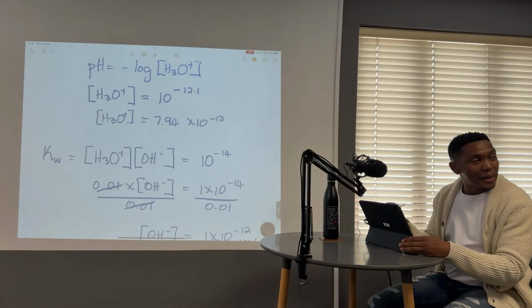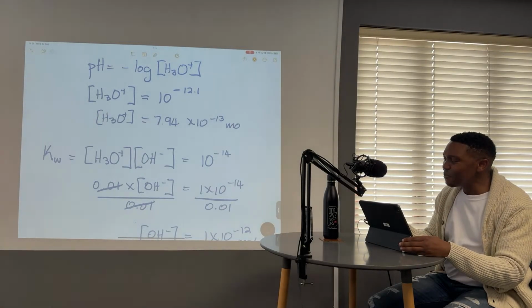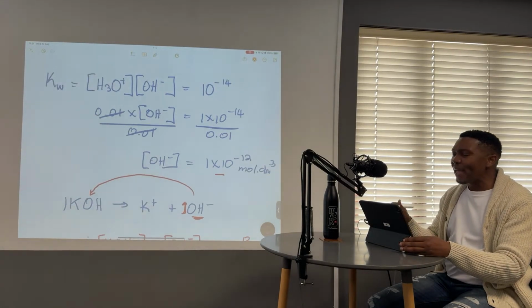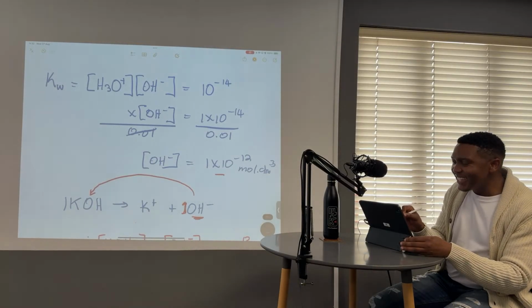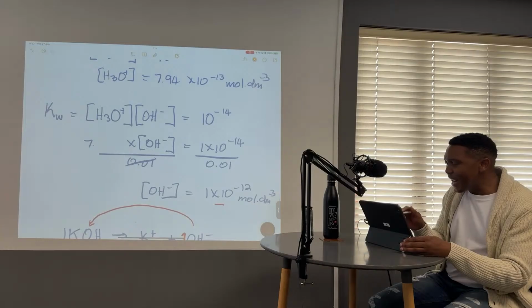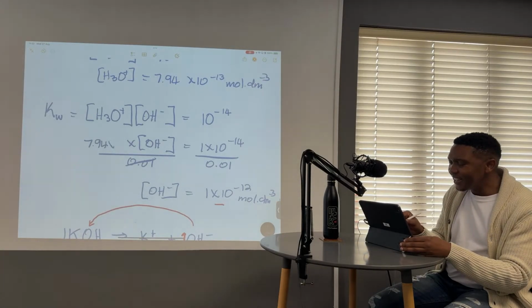Times 10 to the power negative 13. That's moles per cubic decimeters. All right, so which means this changes to 7.94 times 10.